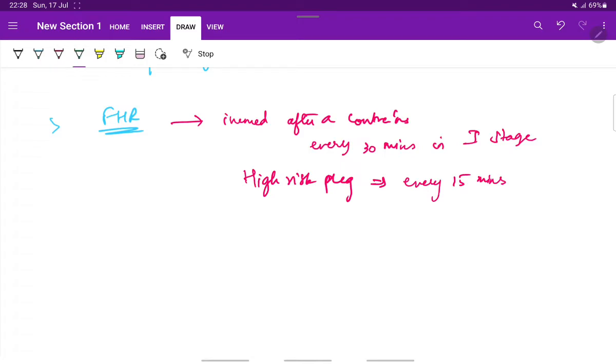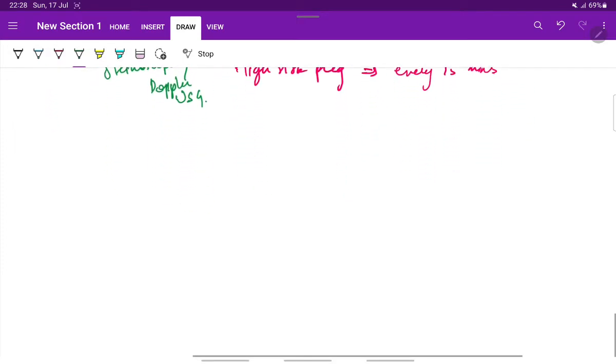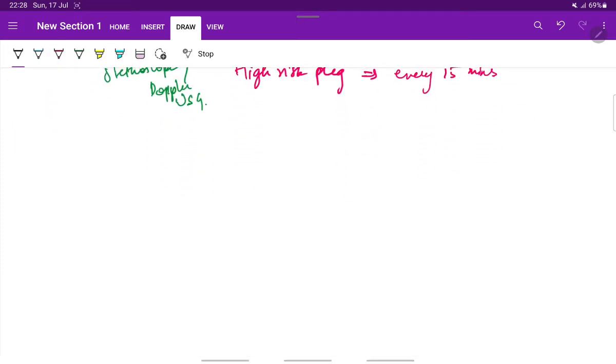So we can check the fetal heart rate using a stethoscope or Doppler ultrasound device. Also we do a vaginal examination once in 4 hours.